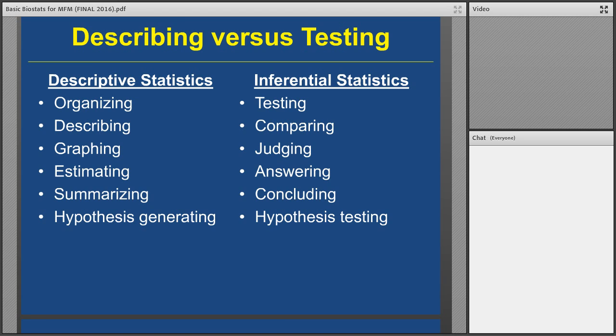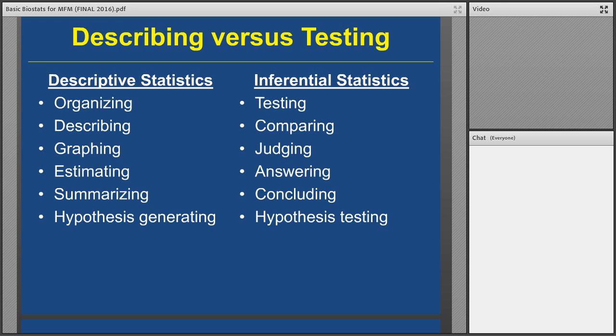It identifies the patterns in the data, it identifies the outliers, and it guides the choice of which statistical or inferential statistics we're going to use. The inferential statistics are what we do to test and compare and to judge the data and to make conclusions about the relationships and the significance. And so descriptive statistics allow us to generate hypotheses, and the inferential statistics allow us to test those hypotheses.